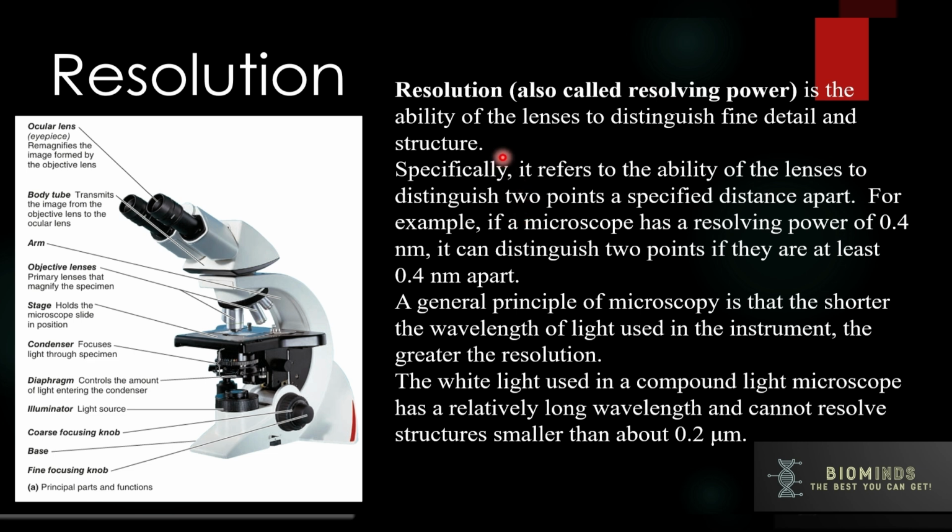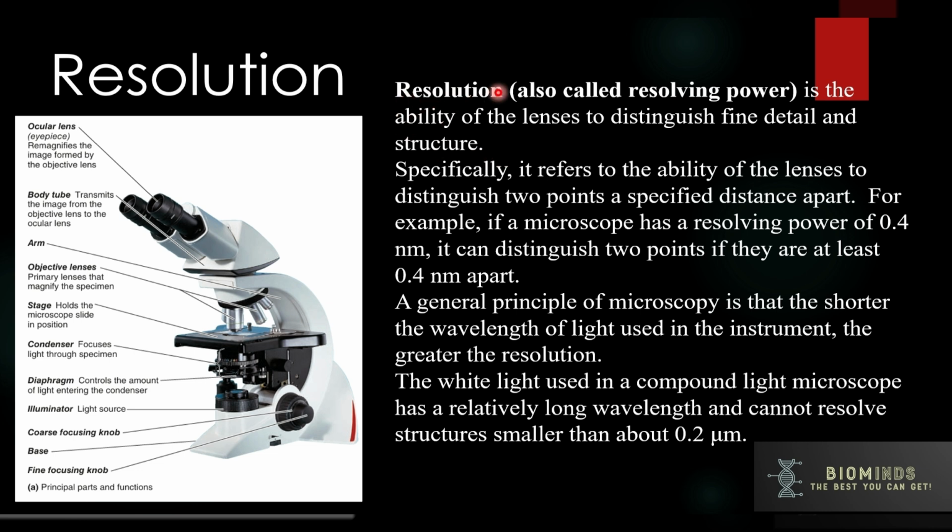So see, you don't just need to observe things, you need to observe the specimen very clearly. If you want to observe certain microorganisms, you need to observe their structure, right? How it is, the shape of the microorganism, and the detailing of the microorganisms to study it.